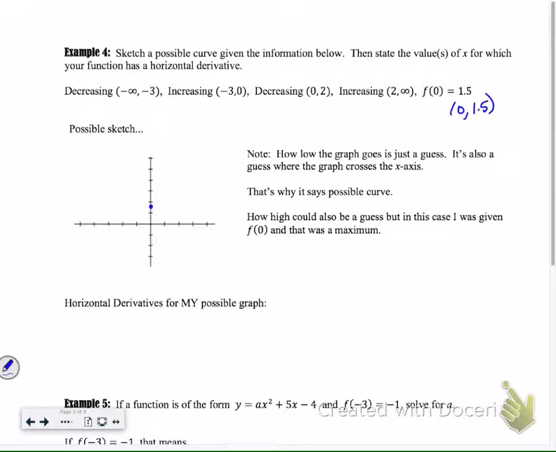All right, now what I'm going to do is I'm going to mark these other points here. There's negative 3, of course here's 0, here's 2, and we can't mark infinity. So what's happening is the graph is going to go down until I get to an x value of 2, and then it's going to go up until I get to 0, and then it's going to go down until I get to 2, and then it's going to go up from there.